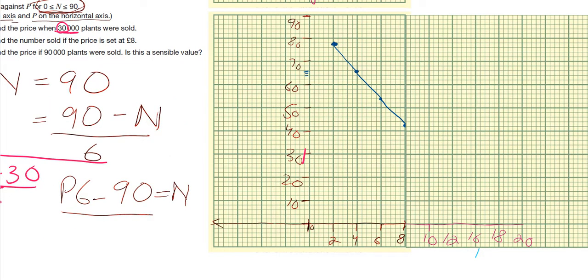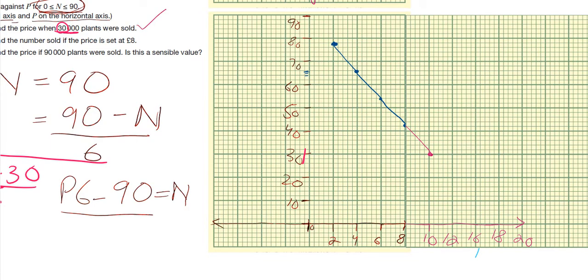Okay, now I have increased the whole x-axis, forwarded it a bit. Now we have to plot 30,000 plants on choosing the 10 pounds as the price of it. Yeah, that would lie over here. Okay, so this part is done.